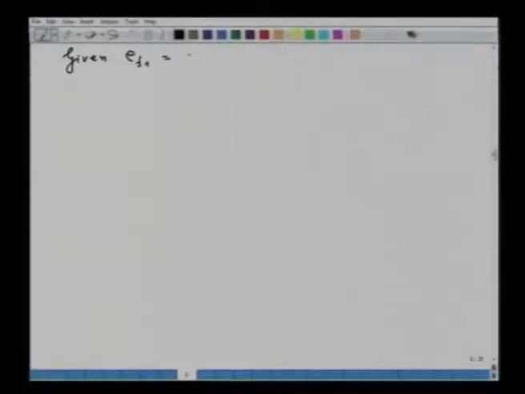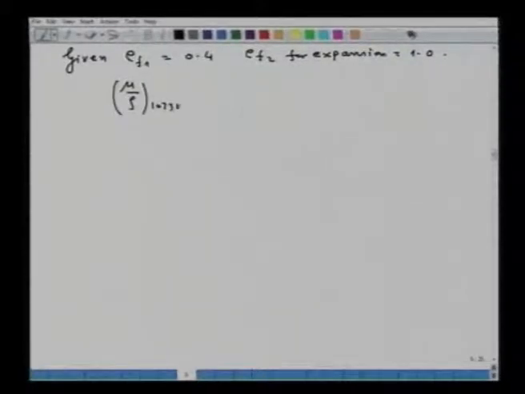Some values are also given: EF1 for contraction is 0.4, EF2 for expansion is 1.0, and the kinematic viscosity mu by rho at 1073 Kelvin is equal to 1.77 into 10 to the power minus 6 meter square upon second.